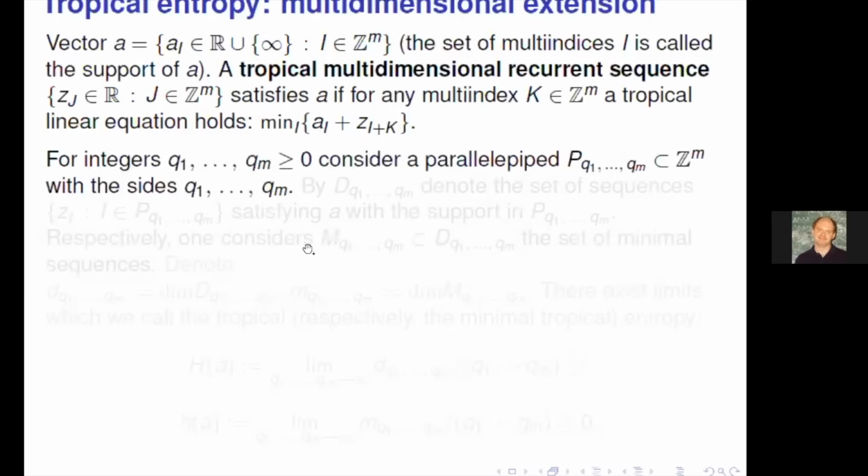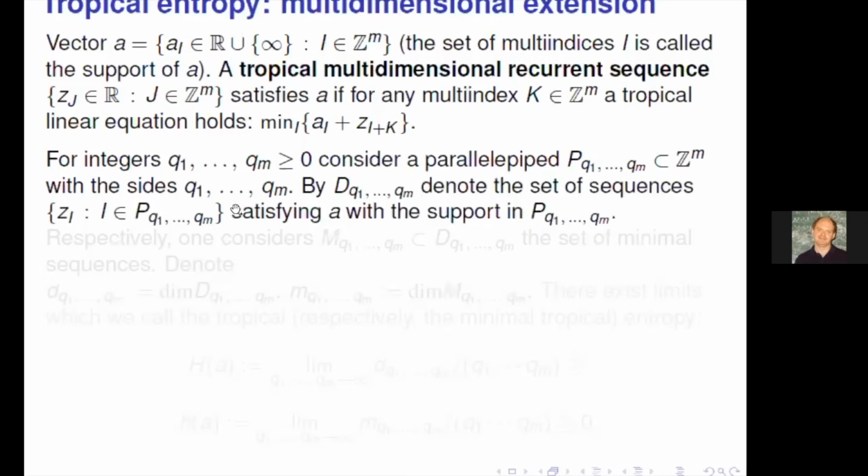And again, we define the entropy. But now it's more complicated because we are living in a high-dimensional space. So what we do, we consider some integers k1, km. We consider a parallelepiped with the sides q1, qm.